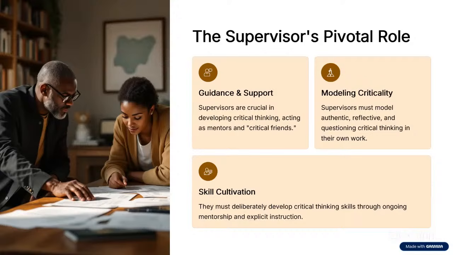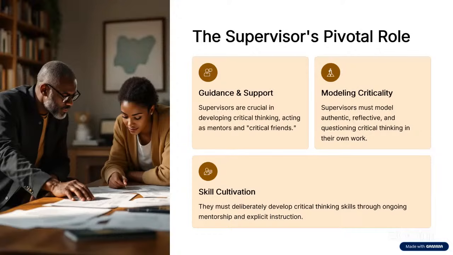And so when you look at the role that supervisors play in developing these critical thinking skills, this critical thinking culture, this critical thinking disposition, it is not a role that you can overlook, because research has shown that supervisors can effectively make or mar a PhD candidate's experience.